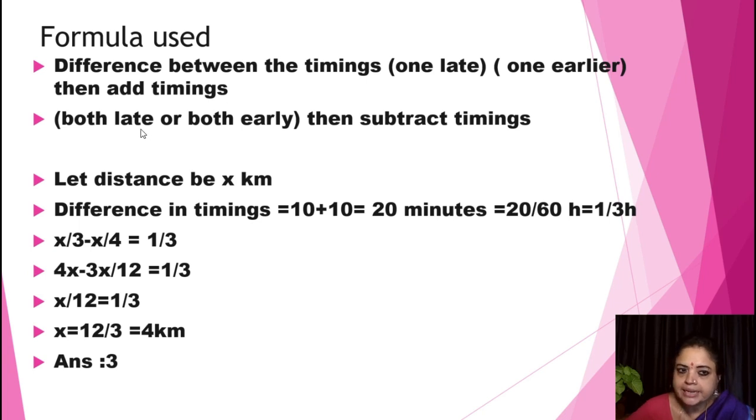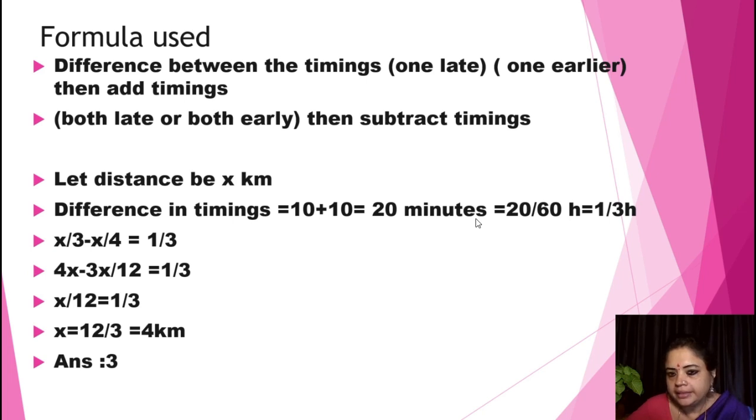Suppose you have a question in which both are late or both are early, then we need to subtract the timings. So let us say the distance is about x kilometers. The difference between the timings will be 10 plus 10, because here the boy has reached one earlier and another late. So we need to add the two timings, so 20 minutes.